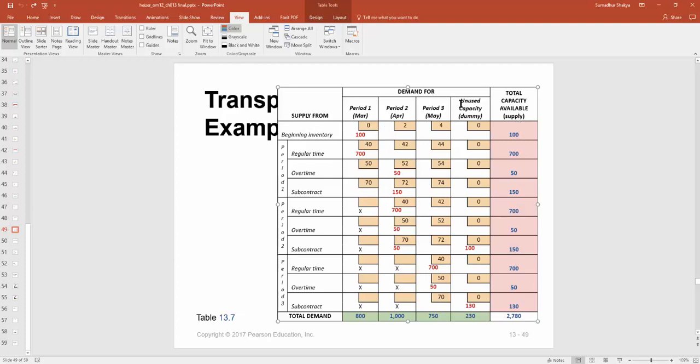But this is the dummy variable, or the excess capacity, or however the authors may call it in the textbook. This is done such that the total supply matches the total demand. So total supply would be from here, and all of this should equal the same number as the total of this row here.